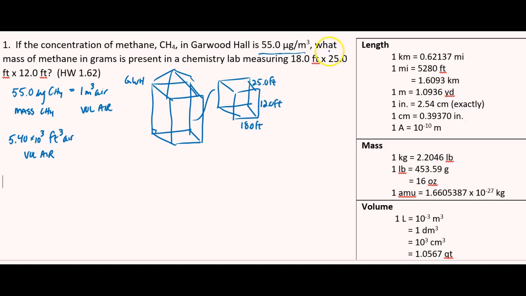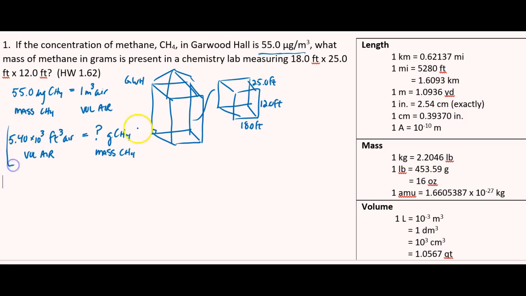If you read that question again, what mass of methane in grams is present in this volume? So the question boils down to this many cubic feet of air equals how many grams of methane? Really they're asking us to convert from volume of air into mass of methane.